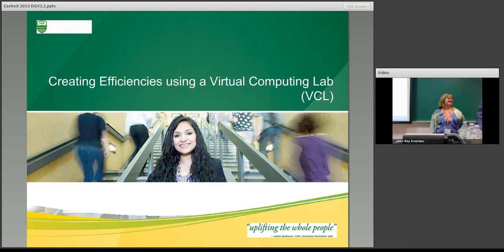And here are the different options for images, depending on how many classes you offer using VCL, or what software you're offering. Images can also be shared between different classes. For example, if the tool of interest is MATLAB, you can share that amongst multiple classes. That drop-down list gives you access to whatever image you want. Another interesting feature, which we'll talk about a bit later as well, is that through the authentication system we have access to the students' enrollment information.